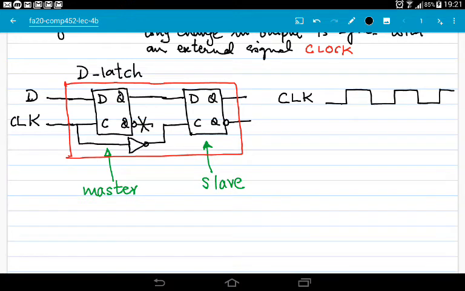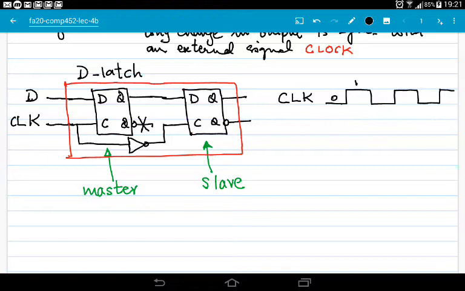This is a sort of square pulse, and this is logic 0 and this is logic 1, or low voltage and high voltage.